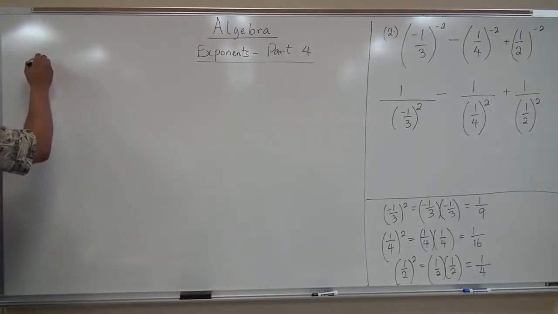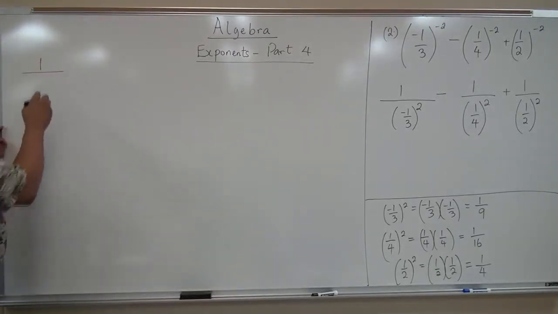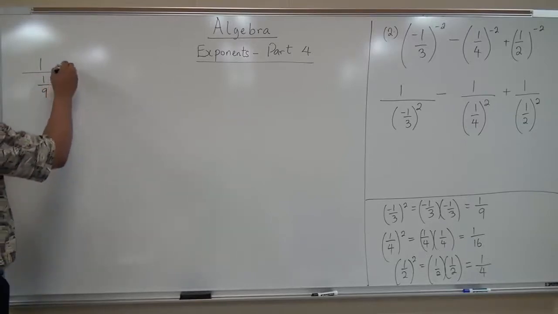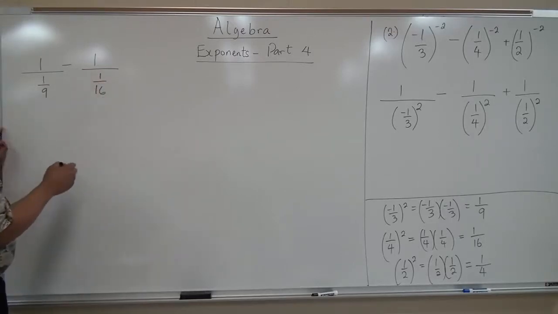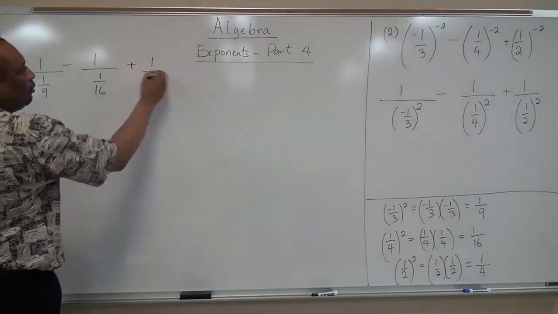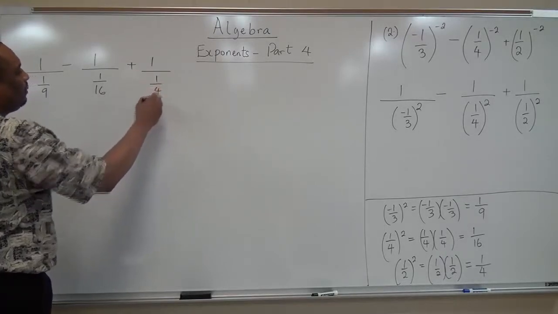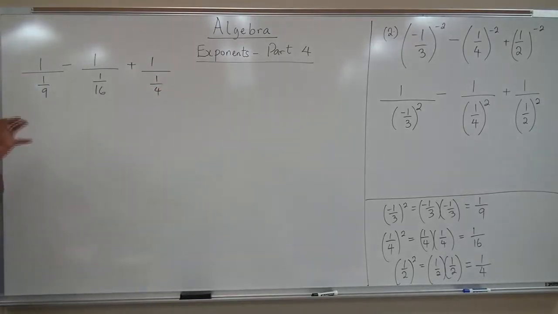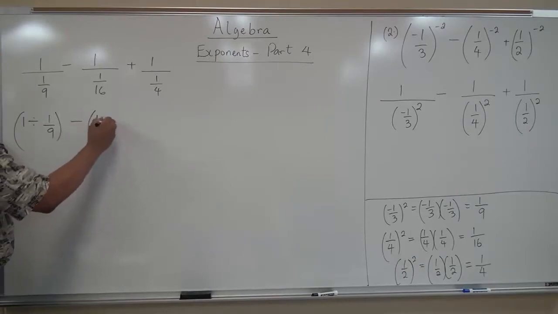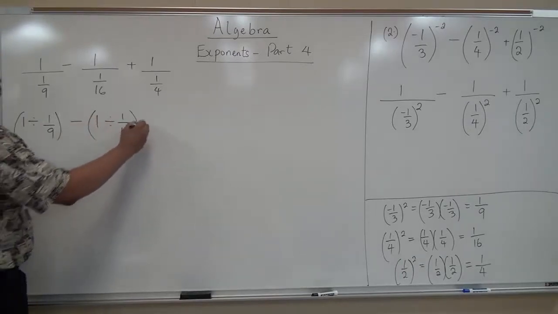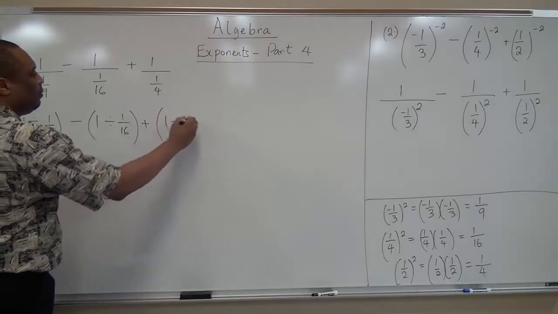This now becomes 1 over 1 over 9, minus 1 over 1 over 16, plus 1 over 1 over 4. Now, I am going to do this step by step. This is the same thing as saying 1 divided by 1 over 9, minus, I can put this in parentheses, 1 divided by 1 over 16, plus 1 divided by 1 over 4.